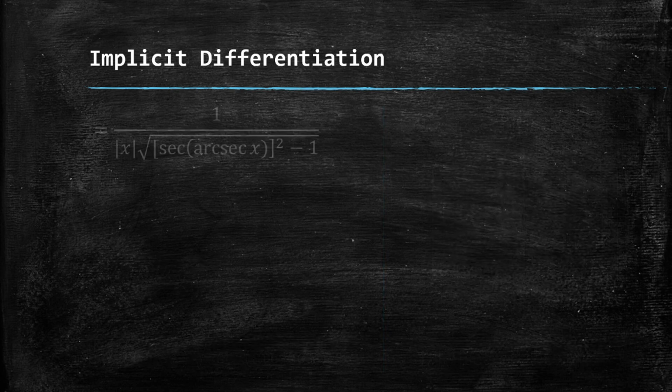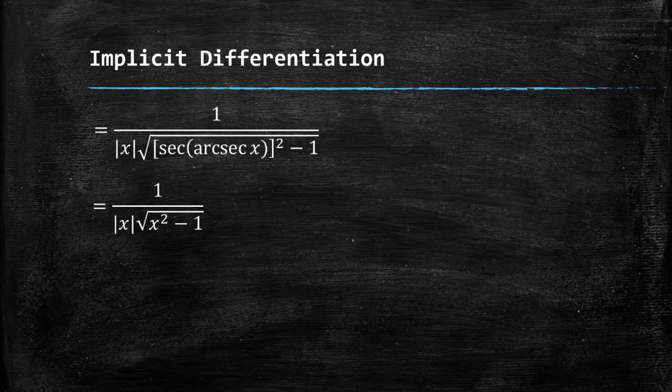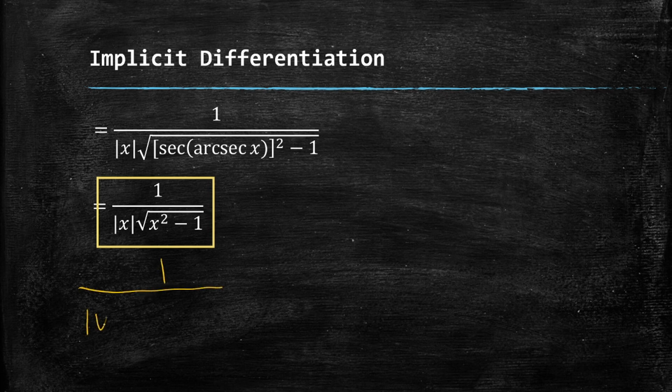And then if we continue, our secant of arcsecant is actually x also, which is x squared, and this is the formula for the arcsecant. And if we try to generalize, the formula is this. Okay, so if you try to check your formulas for the derivative of arcsecant, this is the derivative of arcsecant.